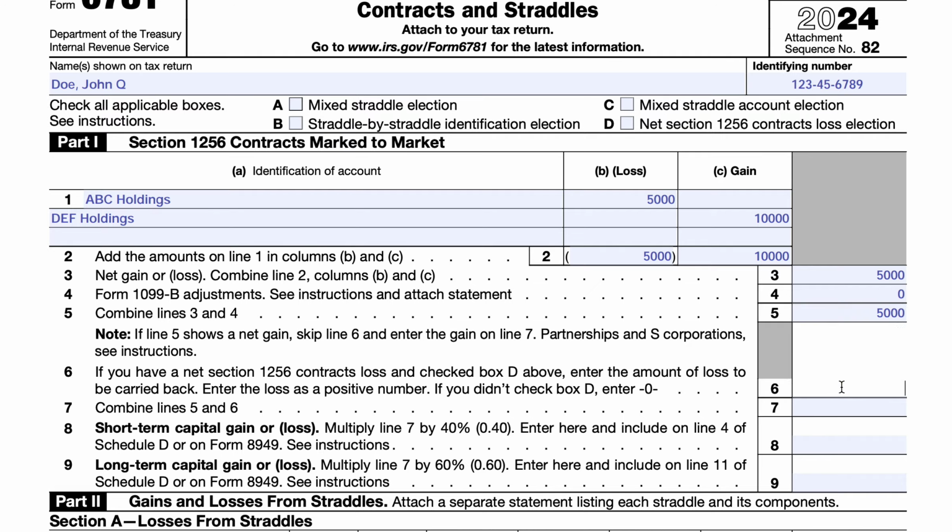But we can skip over line 6. And since we're skipping over line 6, we're going to carry down the line 5 amount to line 7.